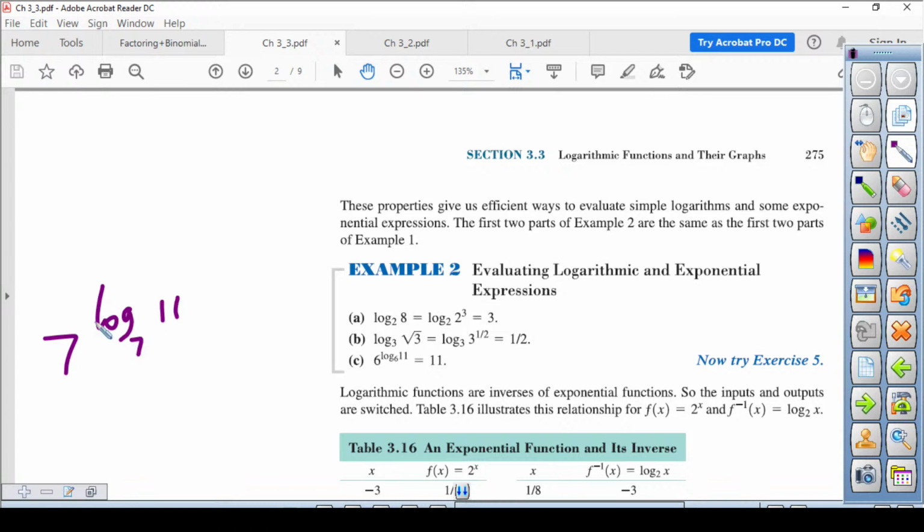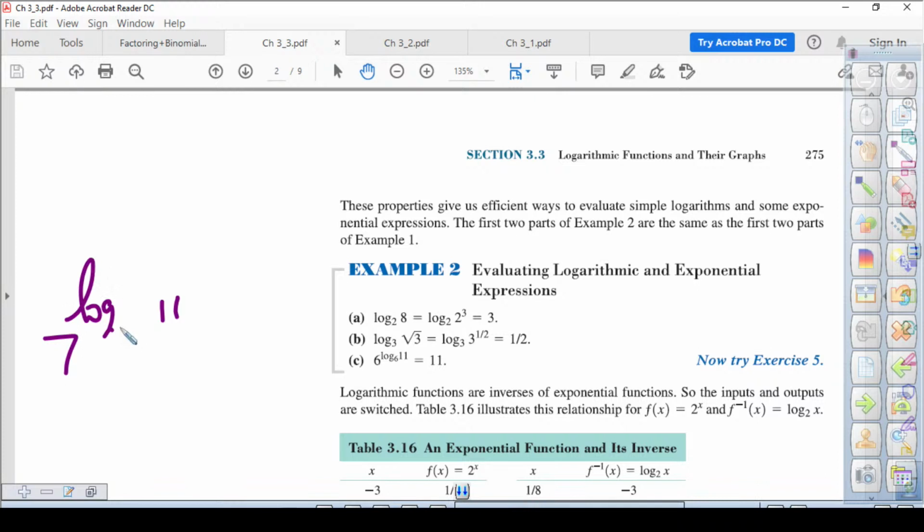If you have a base of 7 raised to a log of the same base, this is the base, the 7 raised to a log of the same base. Well, we said these undo each other, so it's going to go away, leaving you only with 11. So the answer is going to be 11.